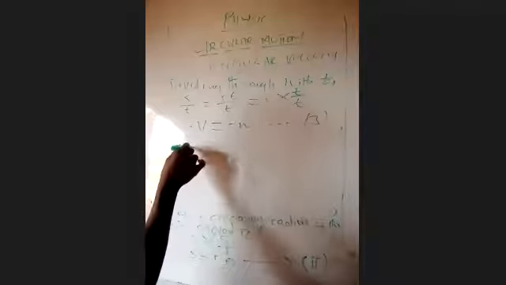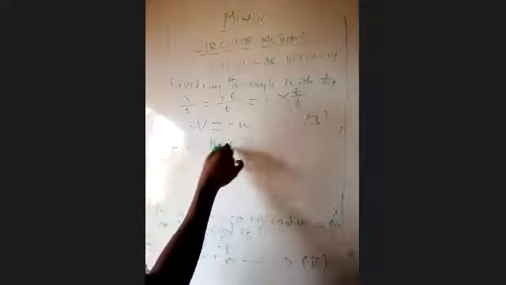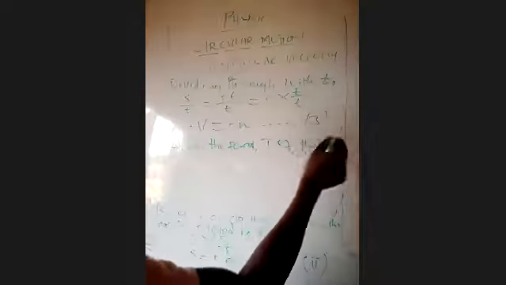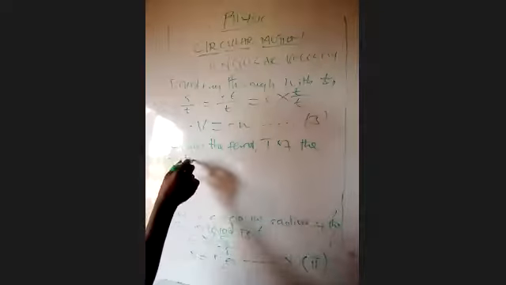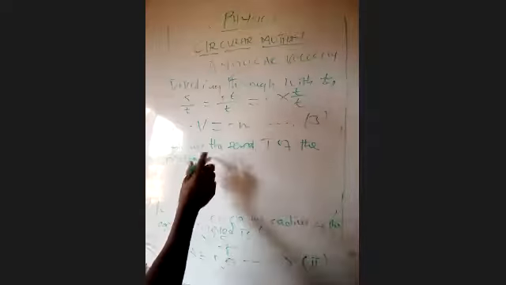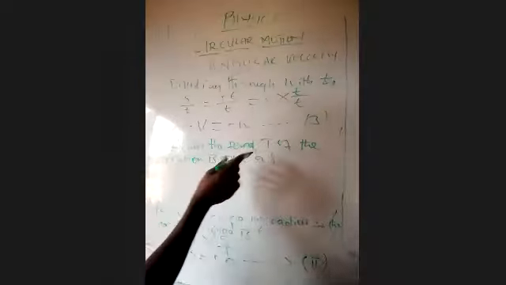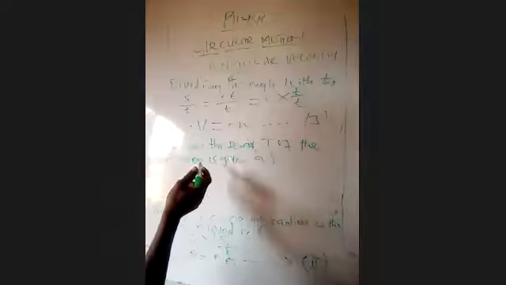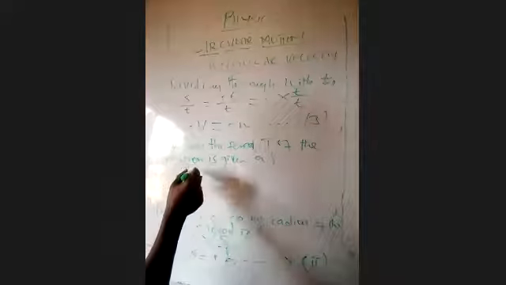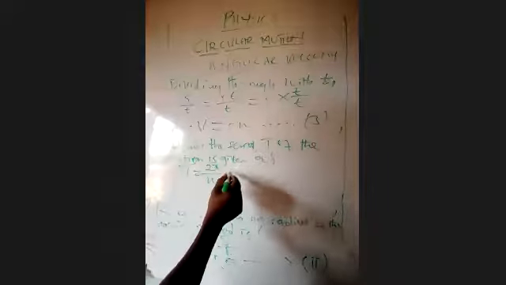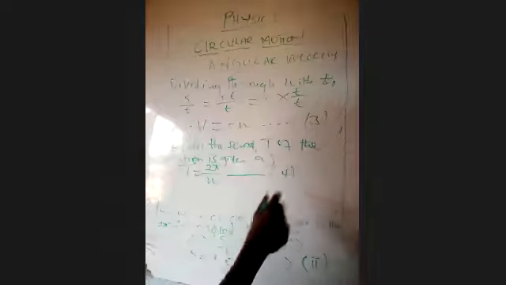Hence, the period T of the motion in the angular motion is given as T is equal to 2 pi all over W, which we can regard as equation 4.